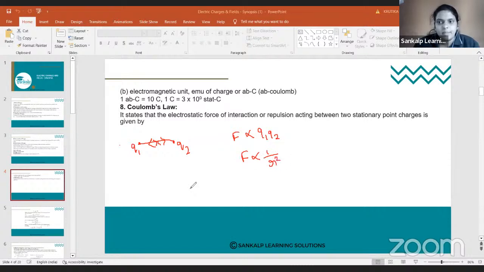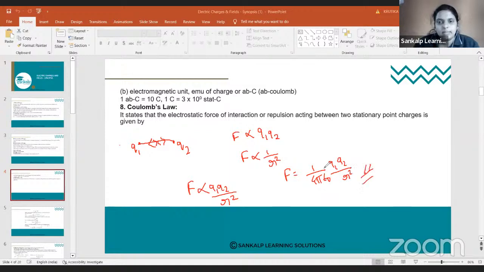So if I combine, F is proportional to Q1 into Q2 upon R square. Taking the proportionality sign, F is equal to 1 upon 4 pi epsilon naught Q1 Q2 upon R square. So this is your Coulomb's law.